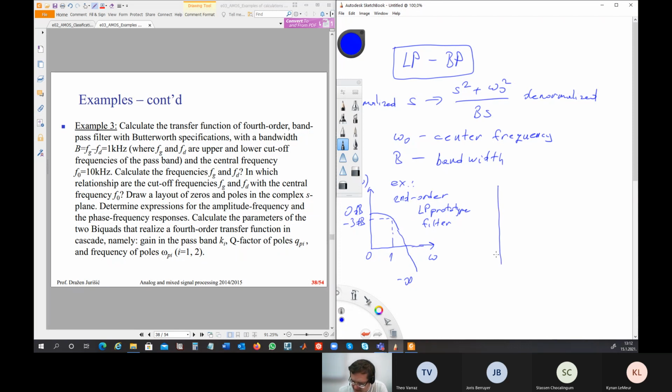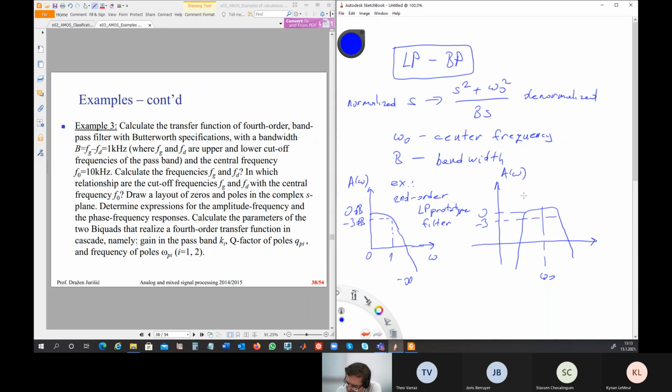How does the resultant bandpass filter look? This is omega 0. This here is when you go to 0 and to minus 3. A of omega. This is B, and this is omega 0.